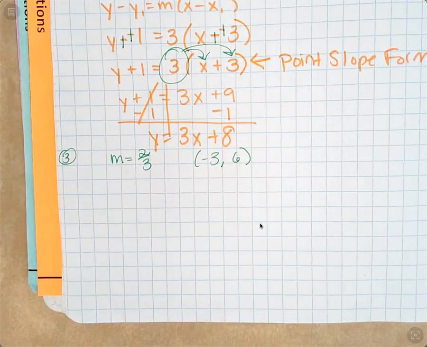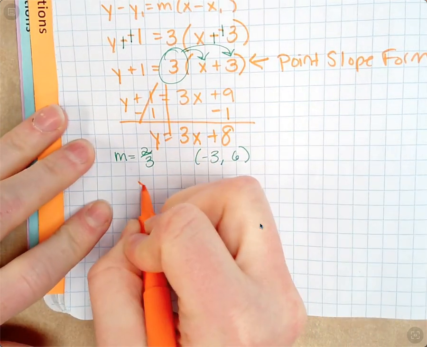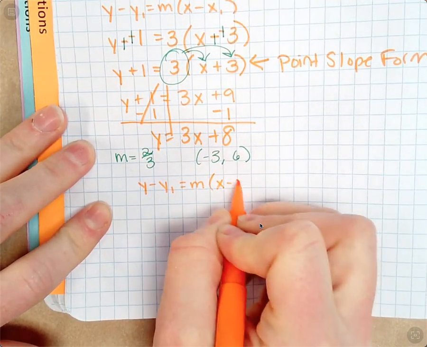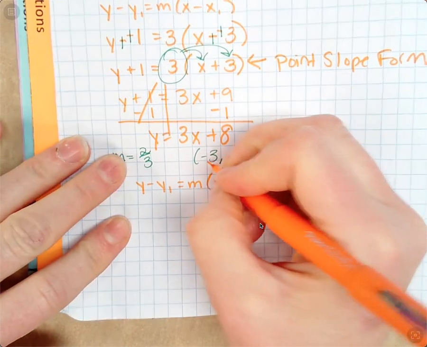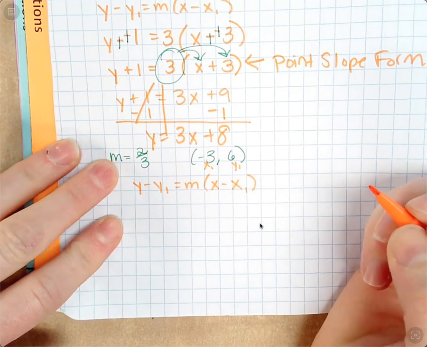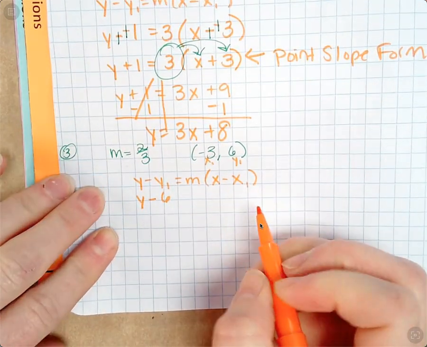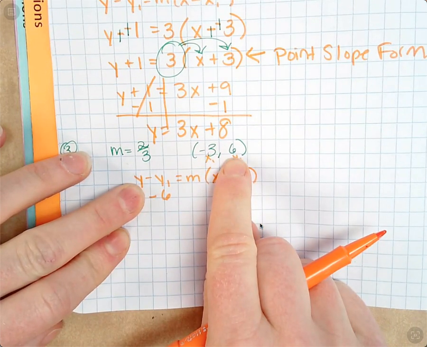Okay, so I have my slope and my point written down. I'm going to write my formula, y minus y1 equals m times (x minus x1). And I'm going to label my point. This is x1, y1. So it'll be y minus 6, because we didn't have a negative 6. It was just a 6.